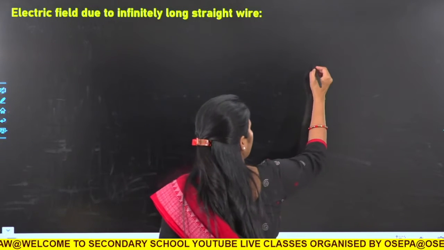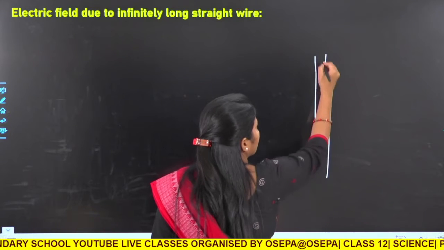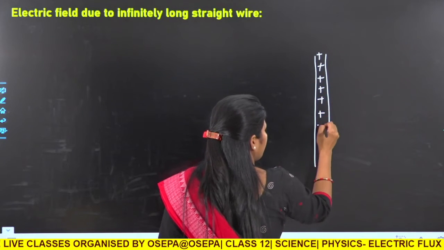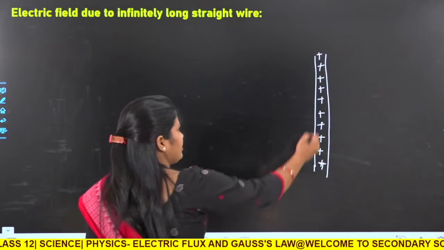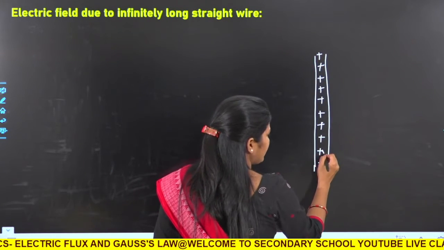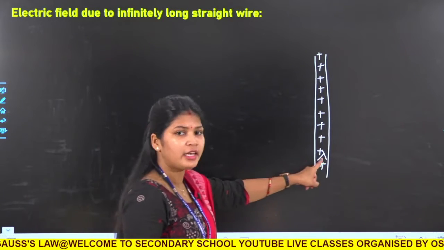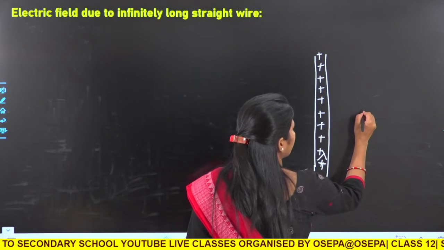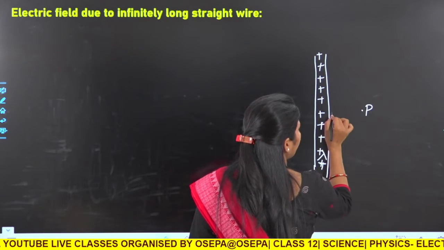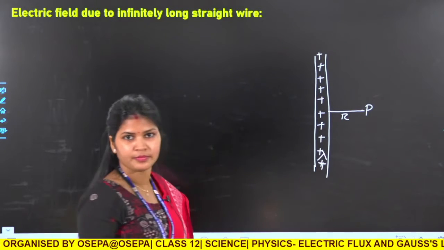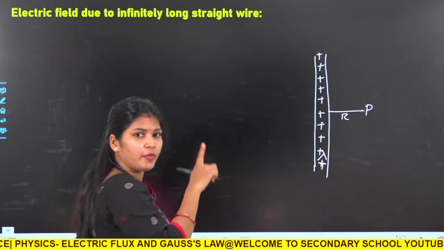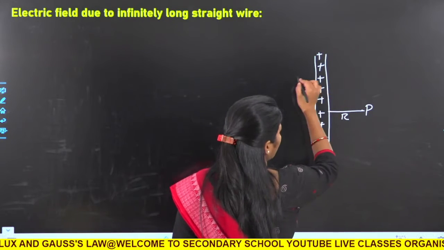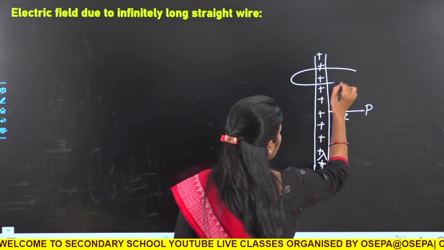Suppose this is a small portion of the infinitely long straight wire with linear charge density lambda. We want to find the electric field at point P at a distance r from this charged wire. The next step is the surface.